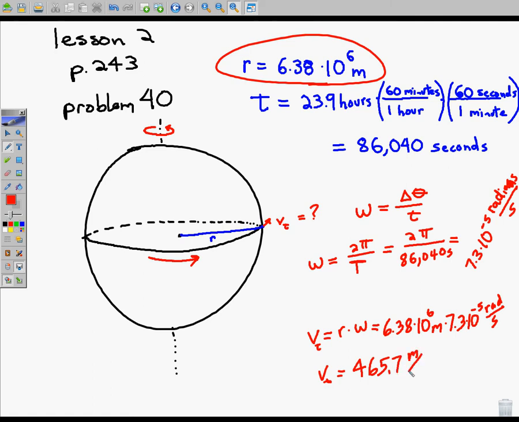So that's the tangential velocity of the Earth at the equator.